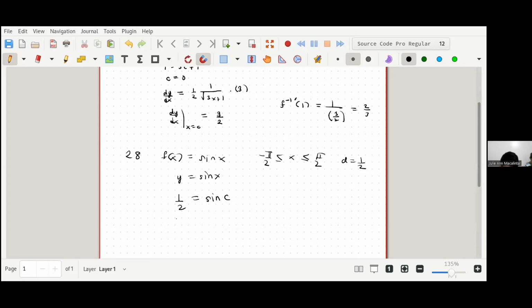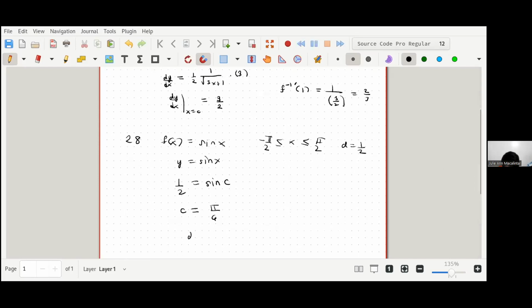What should c be? Pi/6. So if d is 1/2, c equals pi/6. Now, dy/dx is cosine, so cosine of pi/6. Now use the theorem: f inverse prime evaluated at 1/2 is equal to 1 over cosine of pi/6.